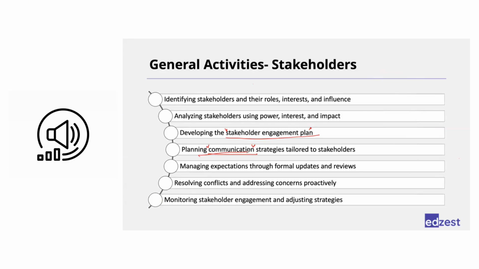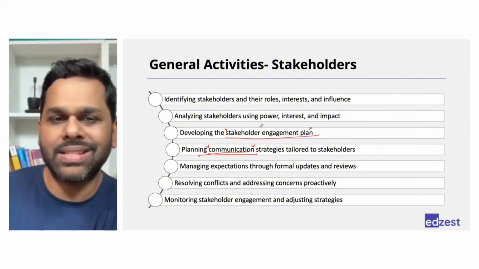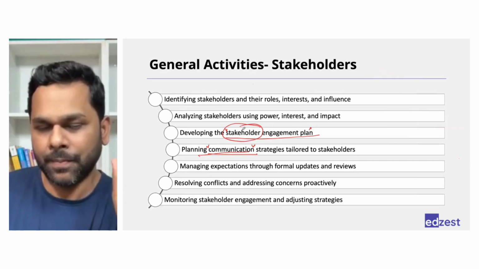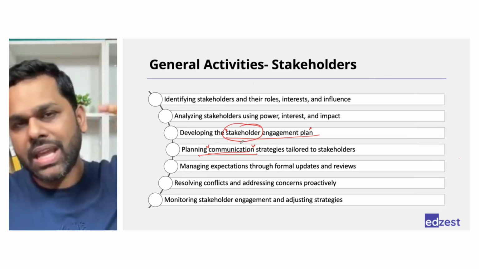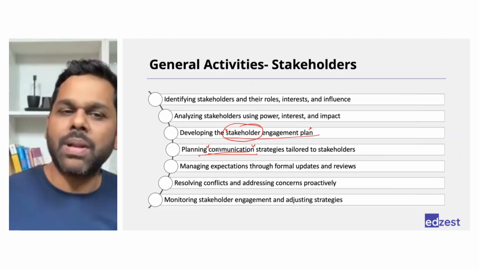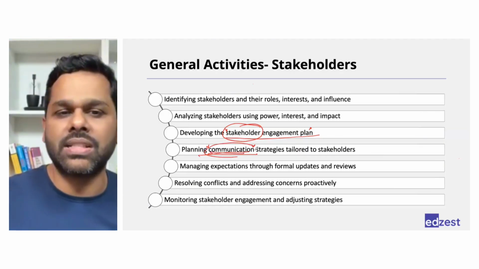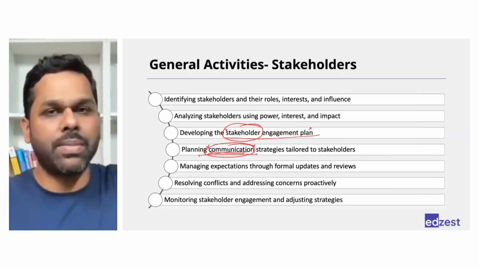So how do you understand the difference? In the stakeholder engagement plan, the stakeholder is at the center. I'm preparing a plan for my stakeholder. How will I engage with them? Not the information. The communication management plan is where the information is at the center. How will this information be shared? How will this information be stored?